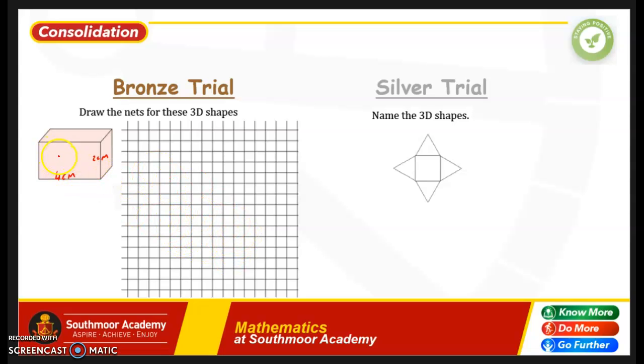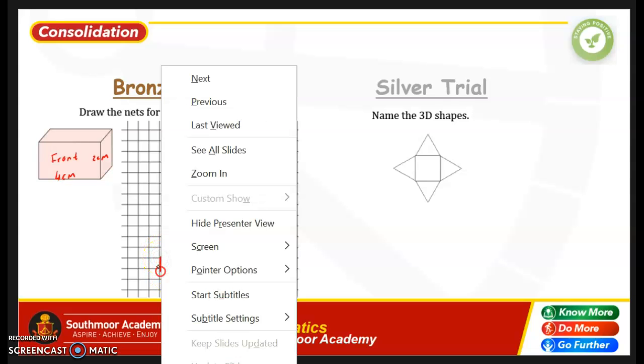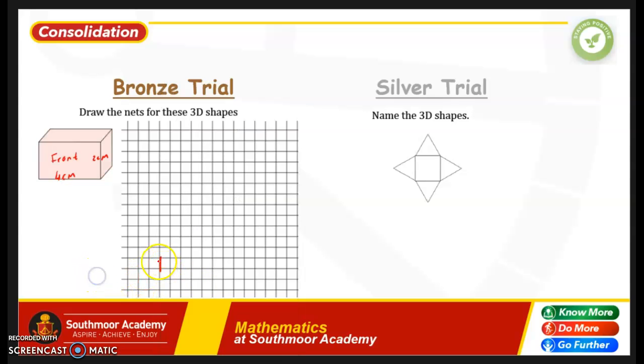So we're going to draw this one, so this is the front. Okay, so we'll have the front, and again it needs to be 2 squares high and 4 along, because that's what I've said it is.